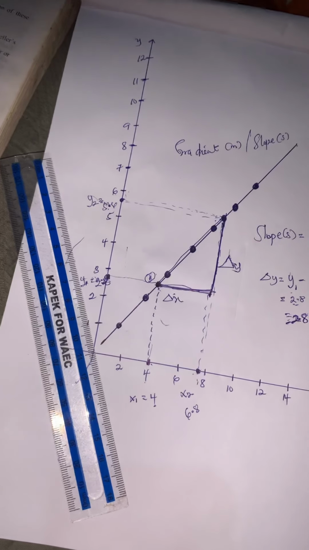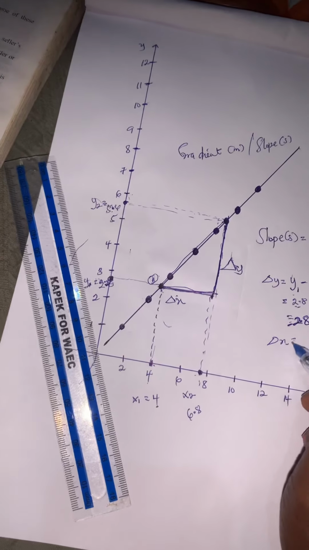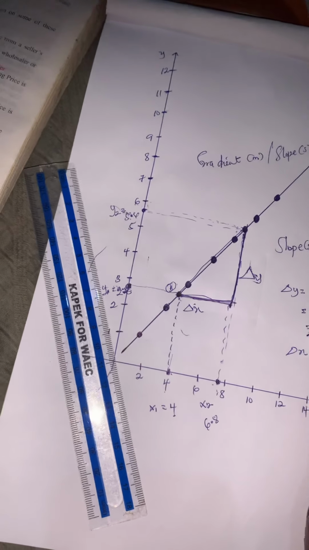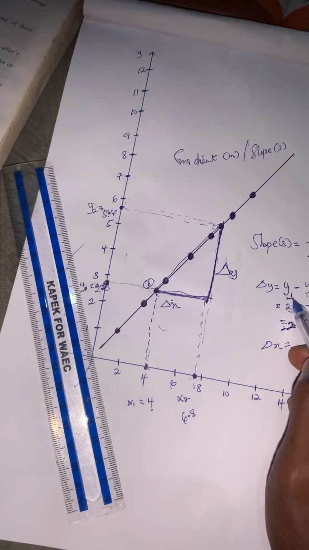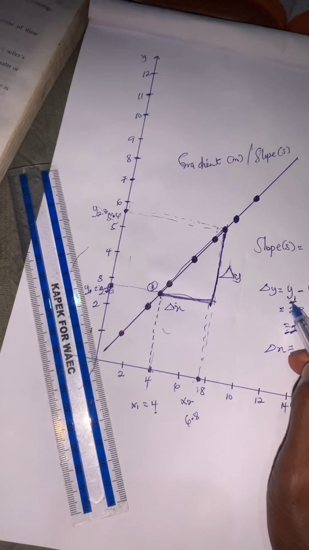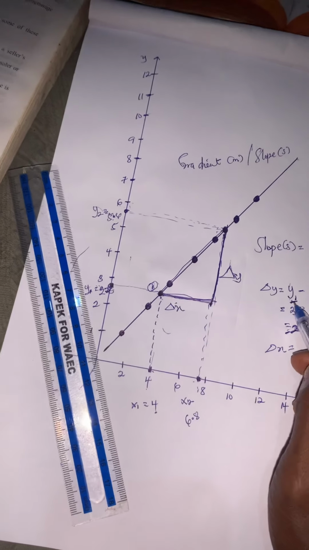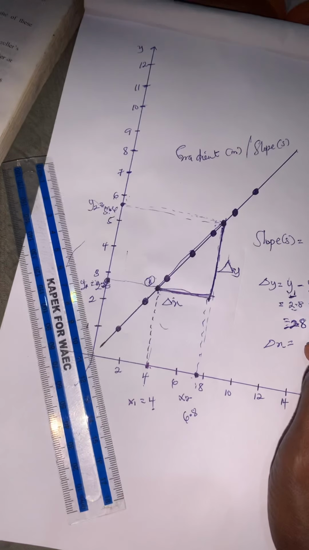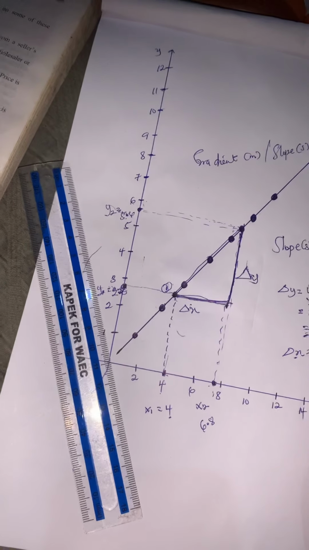All right, over, now changing x is also the same thing. But look, when we're doing changing y, the first value was y1 before y2. The moment you do it y1 minus y2, then changing x will also be x1 minus x2.